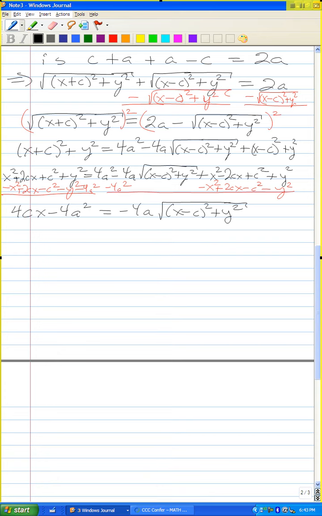So now, let's divide by negative 4. And so I get, negative, that makes it positive, a squared minus cx is equal to a times the radical of (x minus c) squared plus y squared. Let me square both sides of my equation.